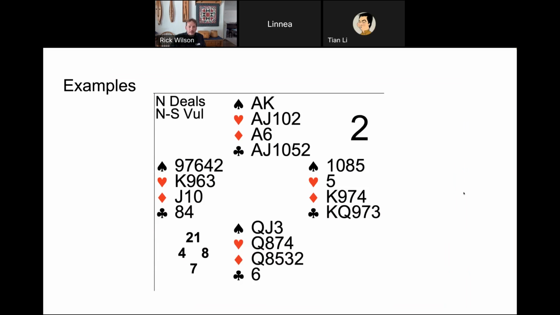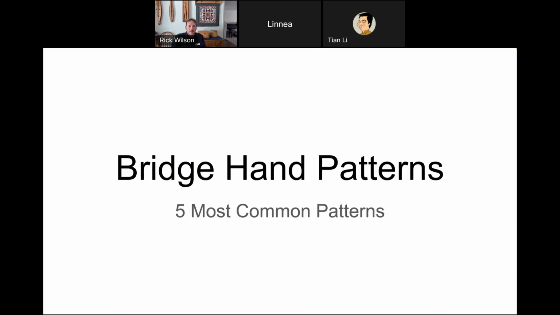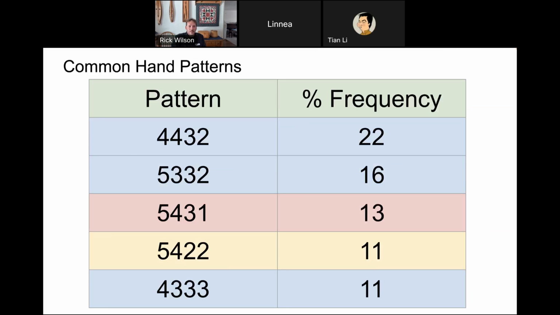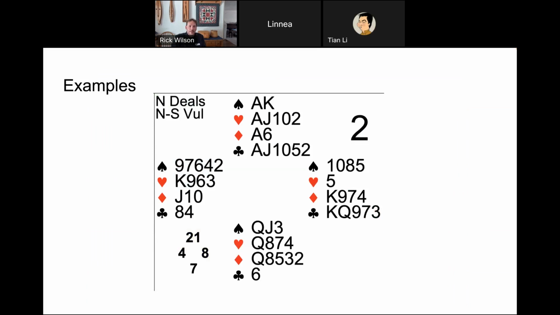So let's look at some examples. Here's an example hand, and we look at the north hand. What's the pattern for north here? 5-4-2-2. Right, and that's our 4th most frequent one, the semi-balanced.